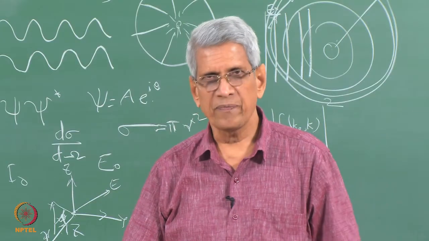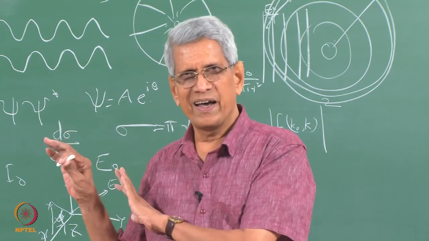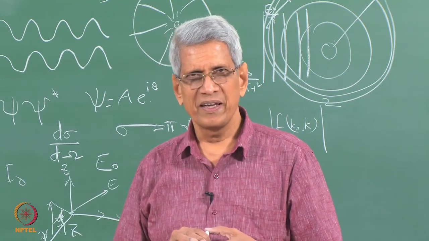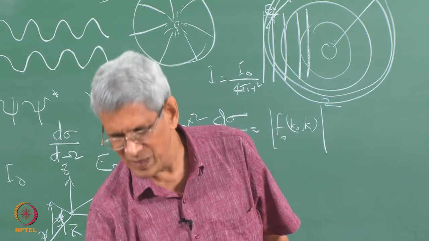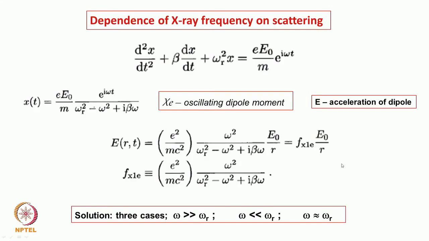One is where the incident energy is very high, another case is where the incident energy is very small compared to this one. The third case is when the incident energy and the natural frequency of that electron are almost near to each other.